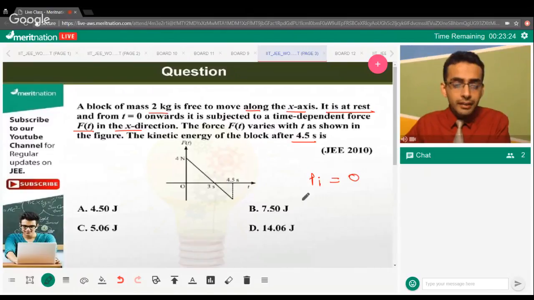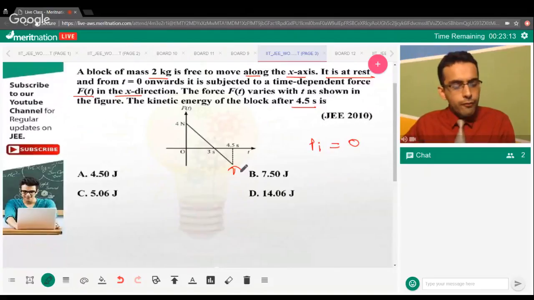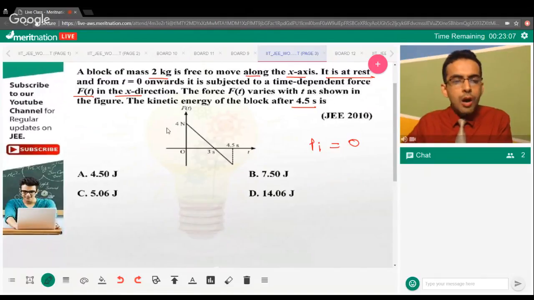As you understand, the F-t curve represents the change in momentum, so whatever the value of momentum at this point is will be the final momentum, because the initial momentum is 0, right? How to find the area of this curve? Simply by using half into base into height, because you have two triangles. But still, we don't know the value of force at this point.